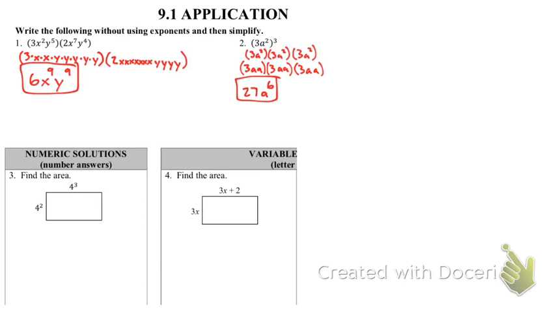Alright, let's move on to number 3. Finding the area. The area of a rectangle is length times width. So essentially we're going to multiply the length and the width. Here's my length and here's my width.